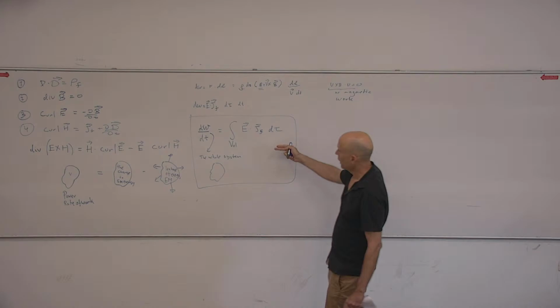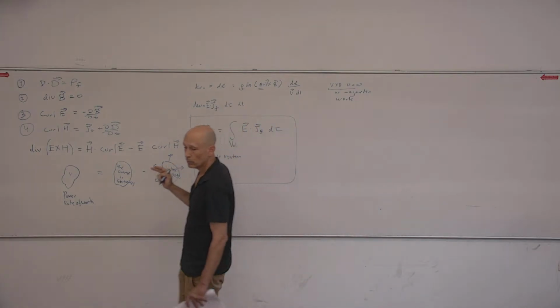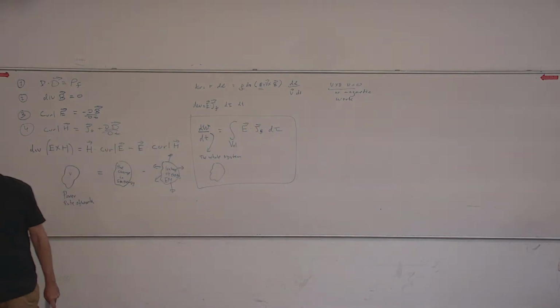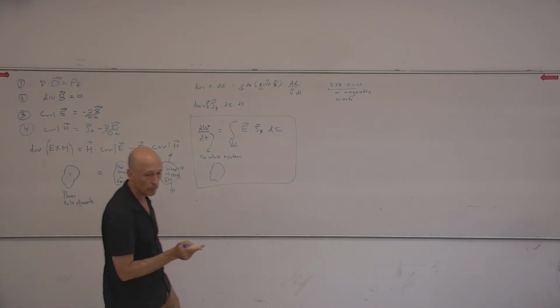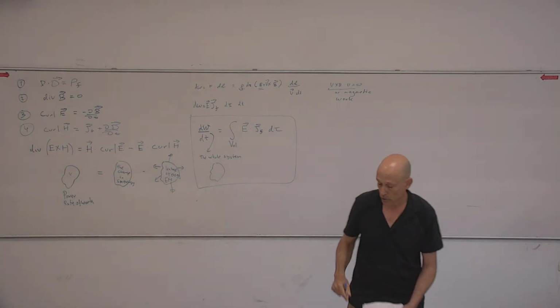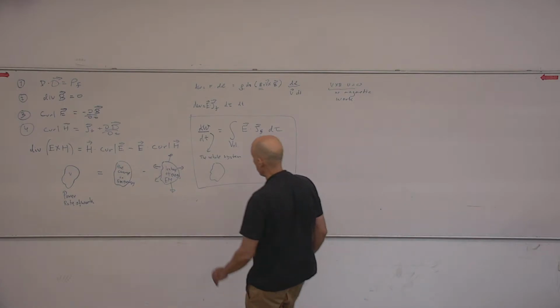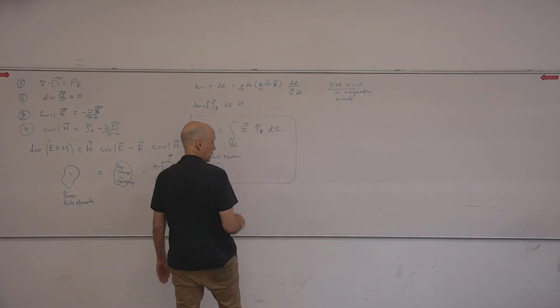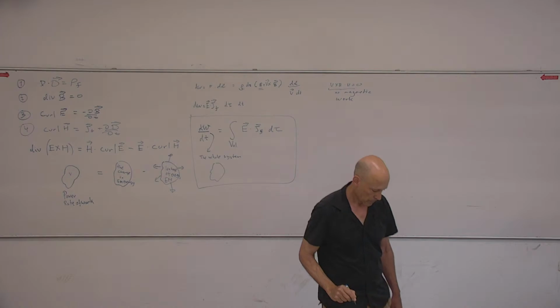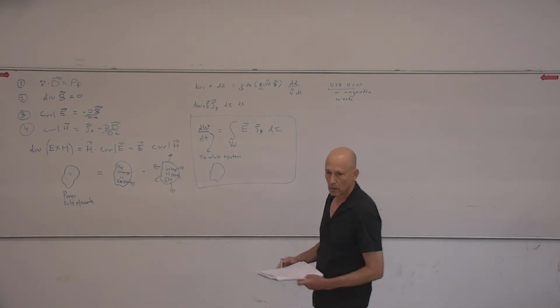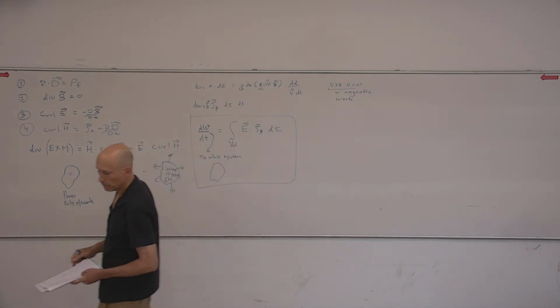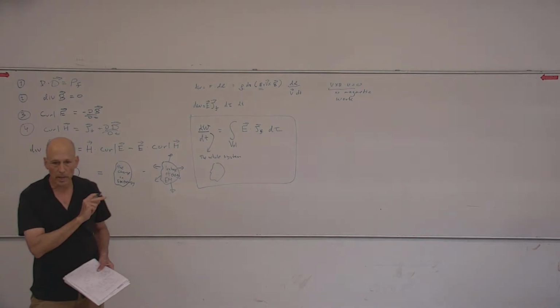That's all. And you see what I did here. I did the work. Now, is this equation known to you? I claim you learned it in high school, but I'm just writing it in a different way. So what did you learn in high school, just to make the connection? P, the power is equal to the current times the voltage.